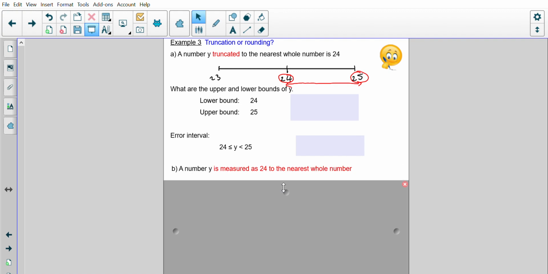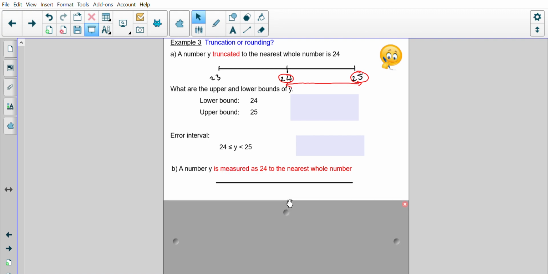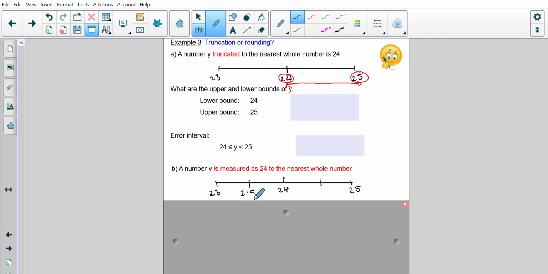Let's just compare this then if the number y was measured as 24 to the nearest whole number. So this strictly doesn't say rounding, but if it says something is measured, it means rounding. So again, with our number line, we would begin with our 24 in the middle, 23 and 25 on each end, and as we know, for rounding, our error interval stretches between the halfway points.